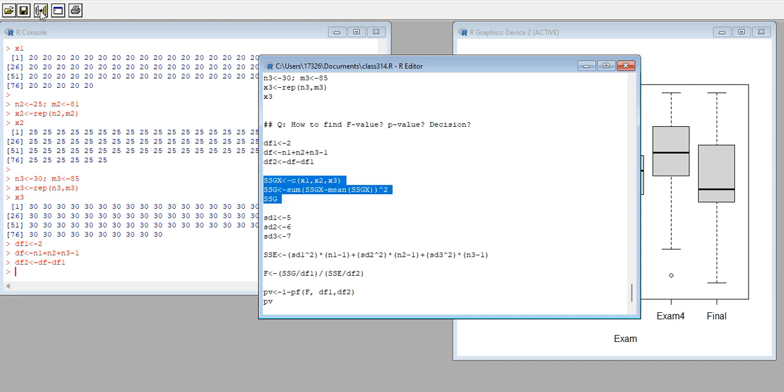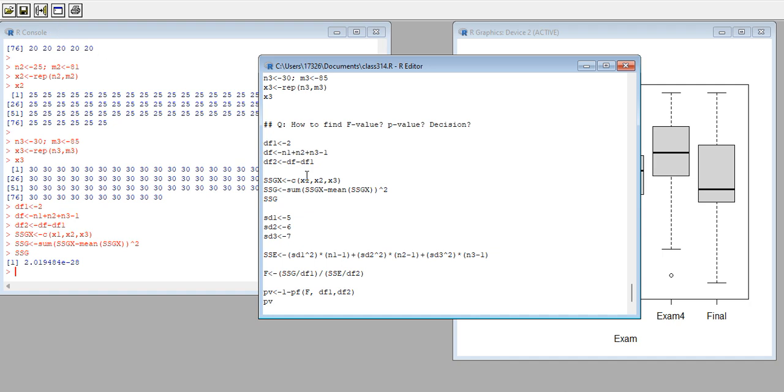And those SSG. Okay. Oh, we have some problems. SSG minus mean. Oh, okay, we have some trouble. What's wrong? Maybe I forgot to put the parentheses.